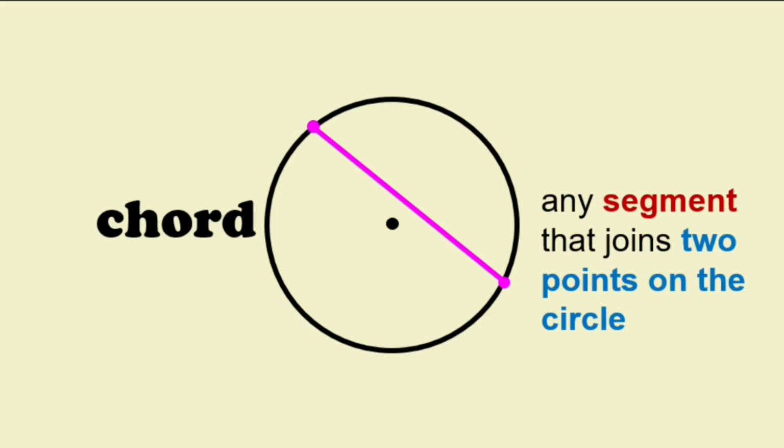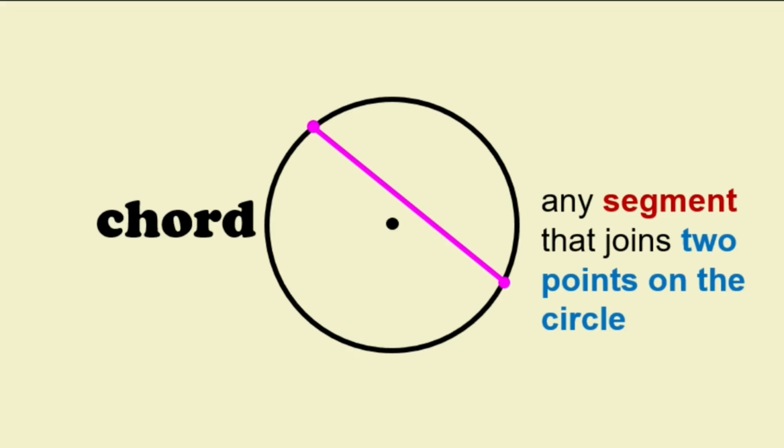But think about this. We said earlier that a diameter is a segment that has 2 points on the circle as endpoints, with the center as the midpoint. So, is a diameter a chord?